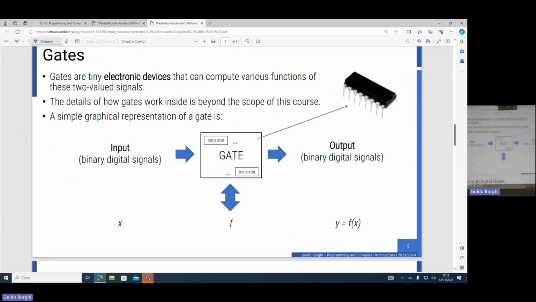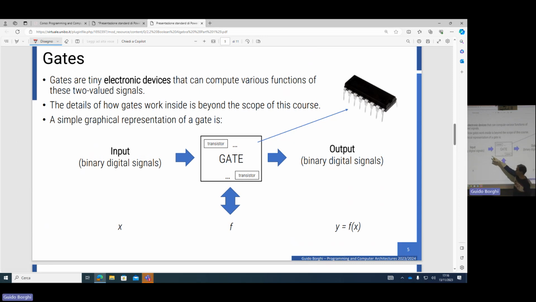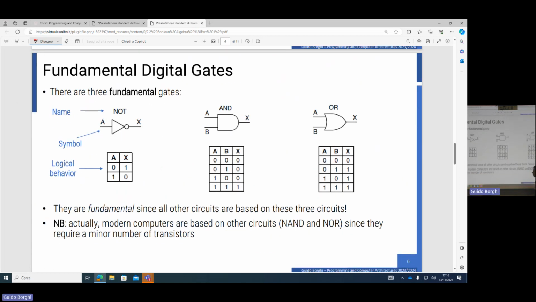Remember that in the gate, we have an input and an output. Here we have the description of the input in the first column. In this case, the input is represented with the letter A, we have a single input for the NOT gate, and X is the output. NOT gate means that if we have 0 in input, the output is 1.